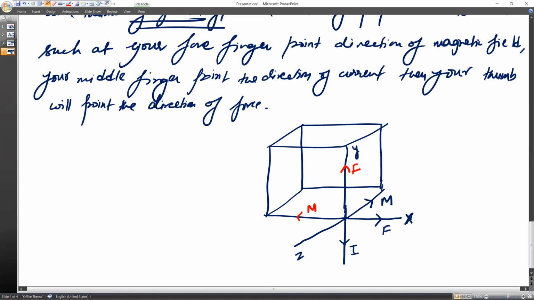Sir, the positive z-axis. No, it should be inside the z-axis. Check it. Inside the z-axis. This is going to be I. Yes, sir. Okay, got it.